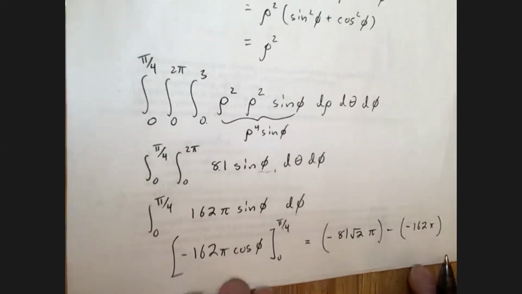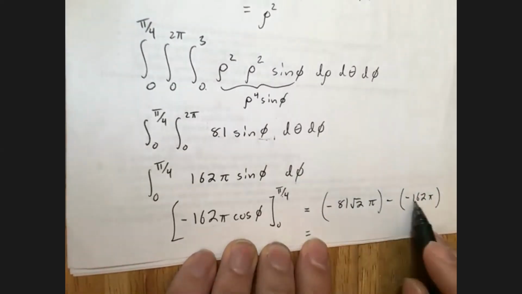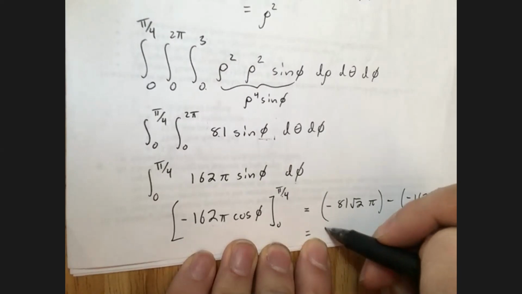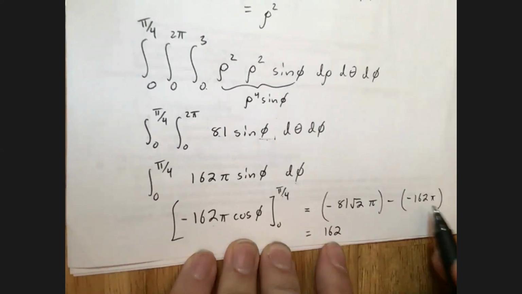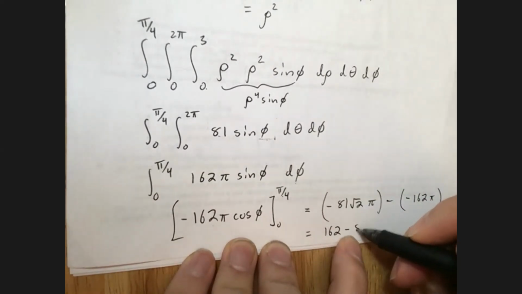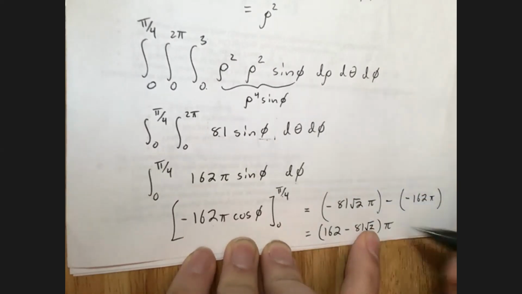And so what do I get? These two minuses become a plus, so I get 162 minus 81 root 2, times pi.